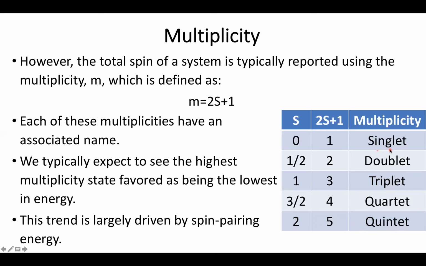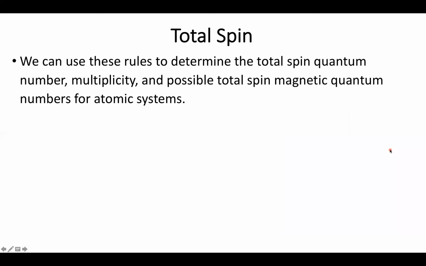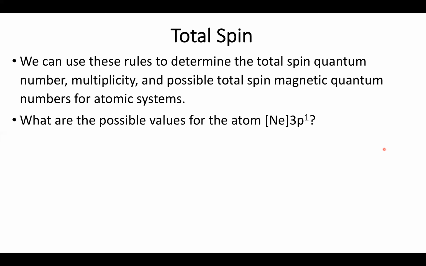So we can use all of these rules we've now developed for our total spin quantum numbers, our multiplicities, and our possible magnetic quantum numbers for atomic systems, and talk about some real cases. So let's go ahead and start with an excited sodium atom, which will have a single electron in the p orbital.